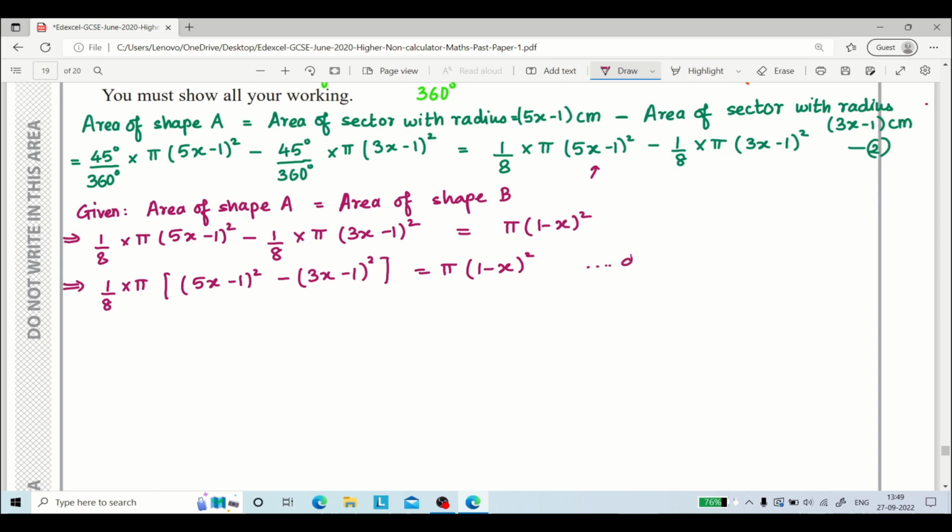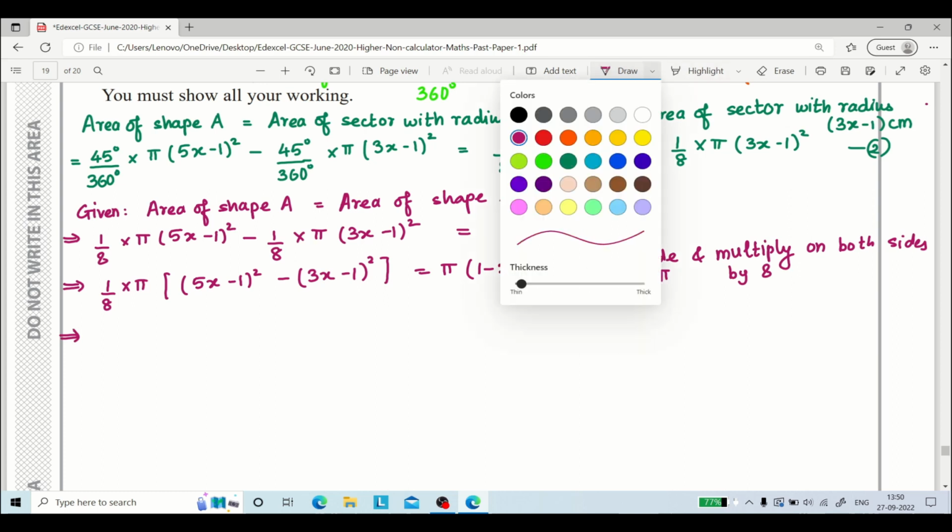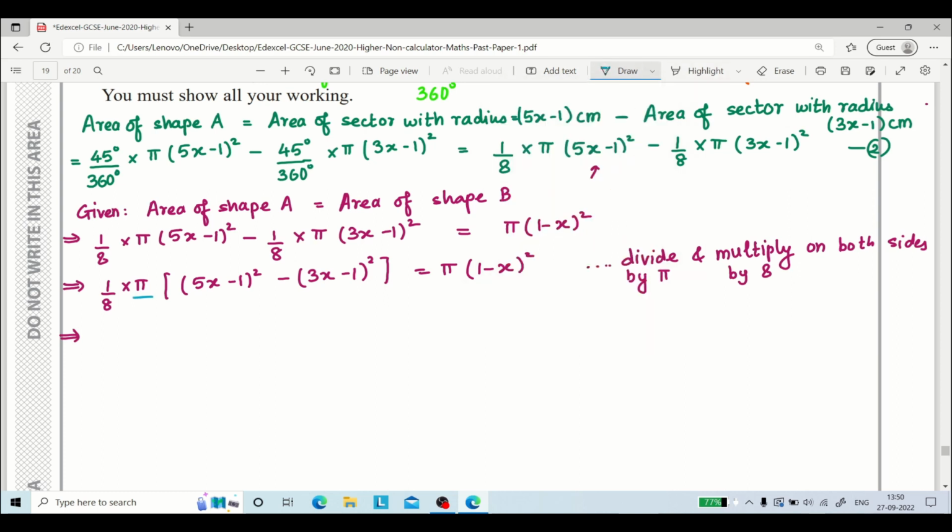Here what you can do? You can divide and multiply. Divide by what? Divide by pi and multiply by what? 8 on both sides. This is what we are going to do here. You're dividing by pi and you're multiplying by 8.